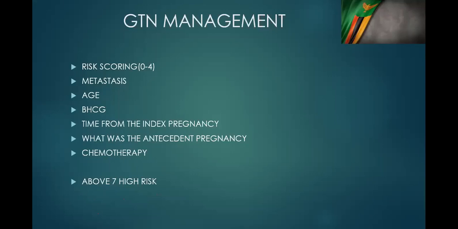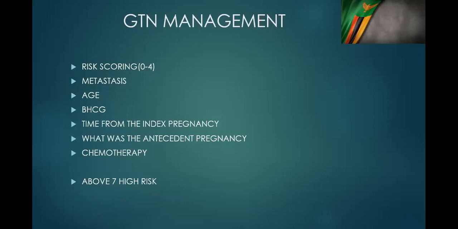So this is the more important thing when you talk about gestational trophoblastic neoplasia. It's the risk scoring. If the risk scoring is above 7, then you're high risk. Then you get all those 5 drugs that we talked about, the EMACO. If your risk scoring is below 7, then you get just 1 drug, methotrexate.